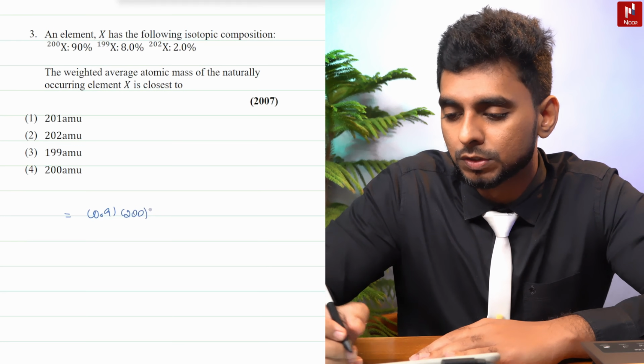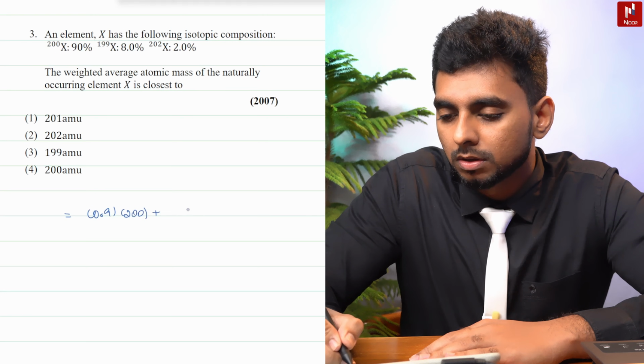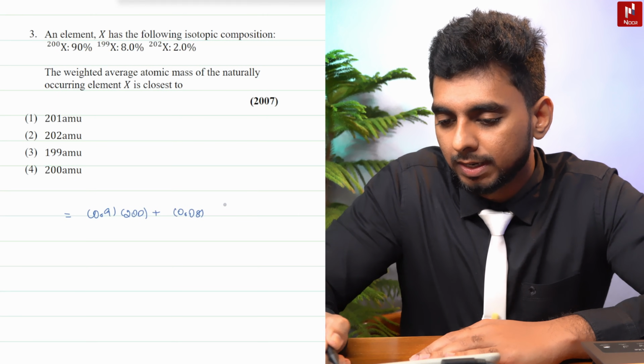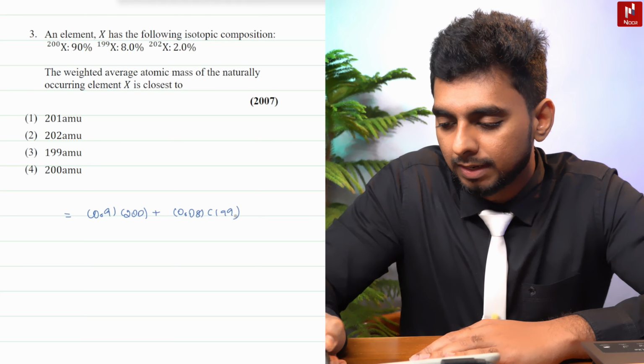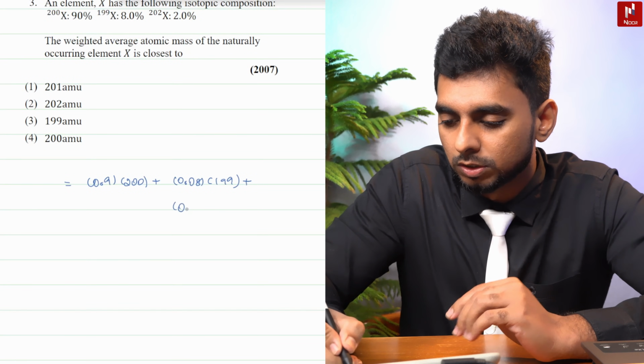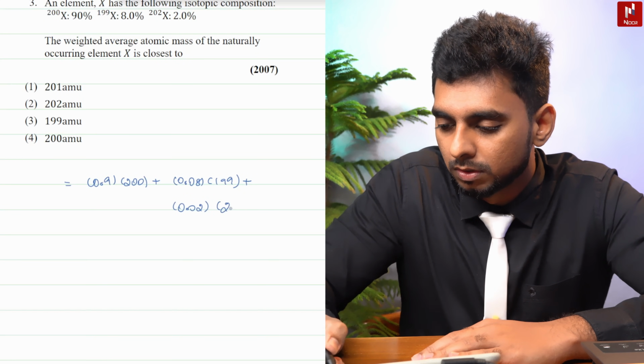That's the first isotope. Then you will have 8%, which is 0.08, and then 199. And the next one will be 2%, which is 0.02, times 202.